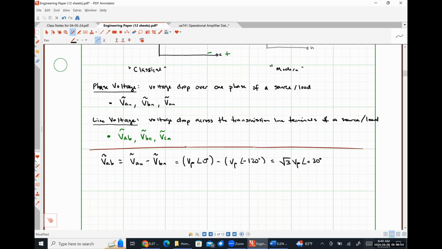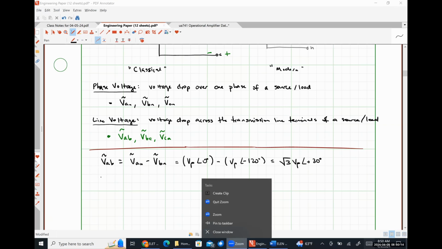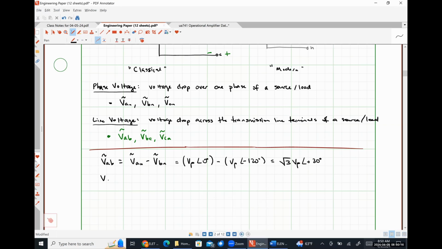Now I'm doubting myself. I'm 97% sure it's positive. Let me sort that out really quickly. So 1 minus 1 angle negative 120. Yep, root 3 angle positive 30. Sorry for the accidental minus sign first. Now, we could say, doing something similar, that VBC should be VBN minus VCN.